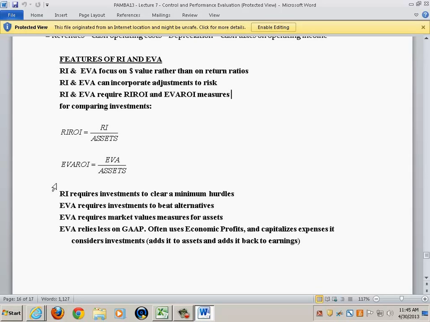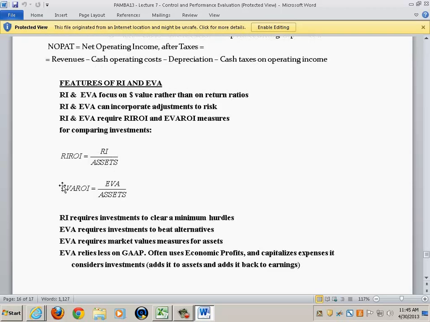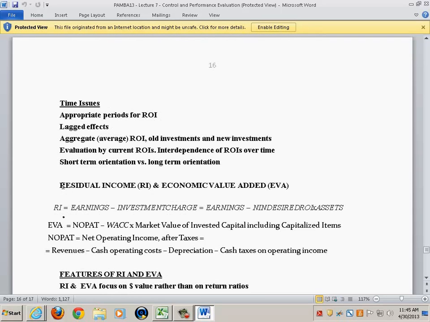Yes? Sure. That says RI equals earnings minus the last word. Yeah, let's repeat that. It's min, minimum desired ROI.